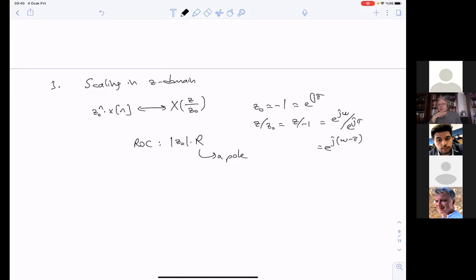Now the pole will be moved to 2 times 0.6, to another position of radius, a pole radius.